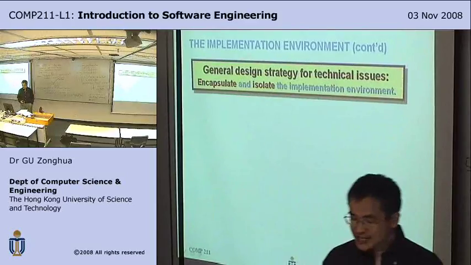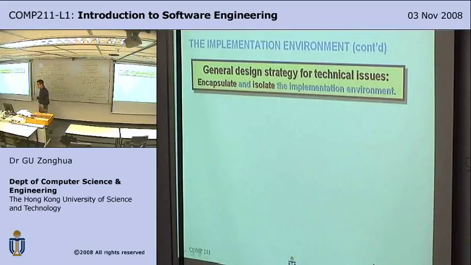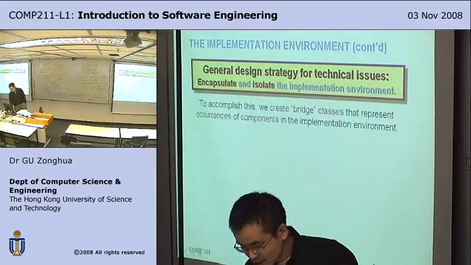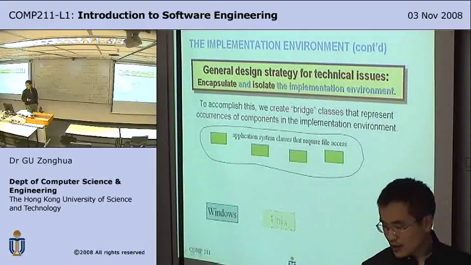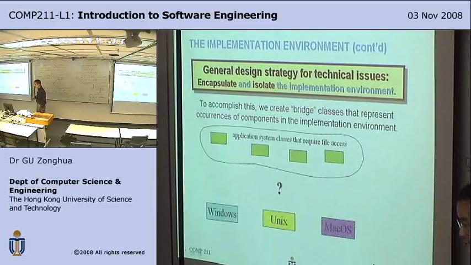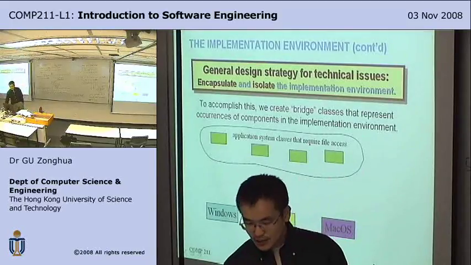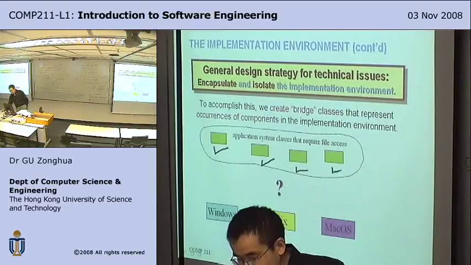So the general strategy for technical issues is to encapsulate and isolate the implementation environment. Here we create bridge classes that represent occurrences of components in the implementation environment. Here is the collection of application system classes in green that require file access.